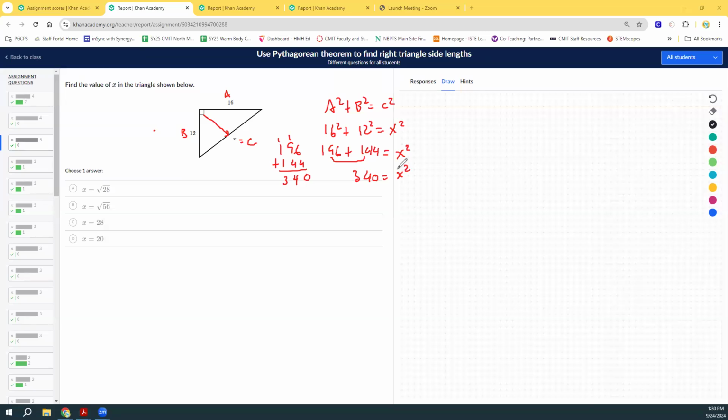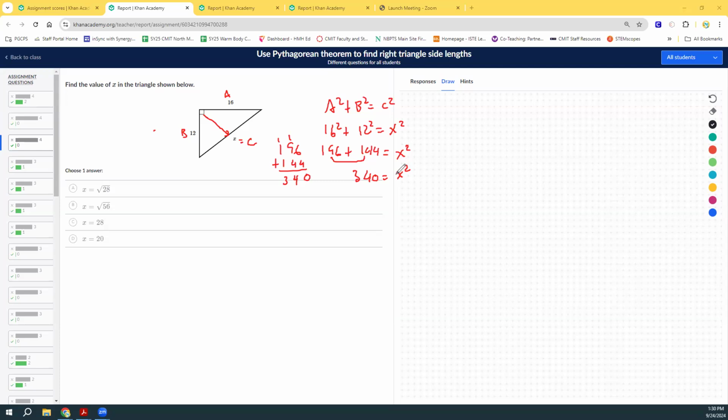All right, let's see. Hold on. What is the square root of 340? Oh my goodness. I may have made a mistake. What is 196 plus 144? No, it's 340. All right.